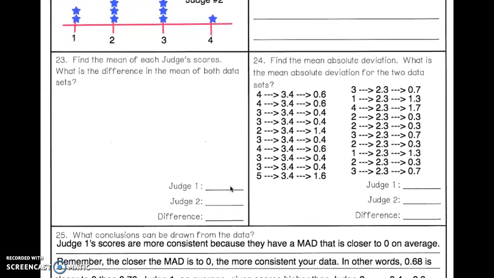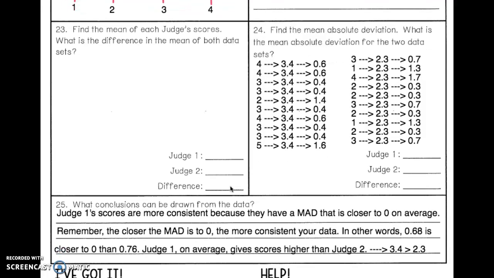All right, number 23. Find the mean of each of the judges' scores. What is the difference in the mean of both data? All right, so let me create a little box here. Judge 1, when you add up Judge 1's scores, you get a total of 34 divided by the 10 scores.